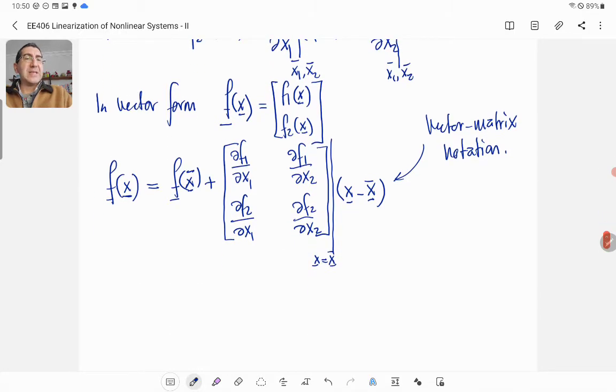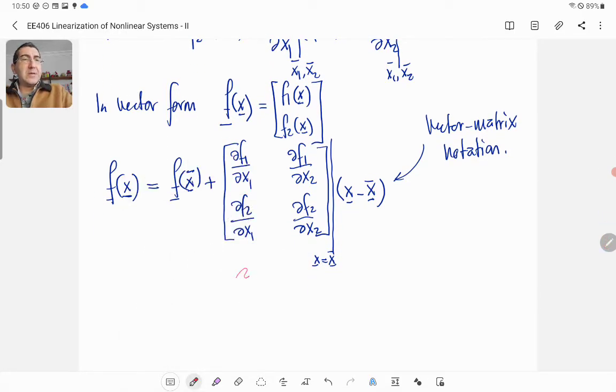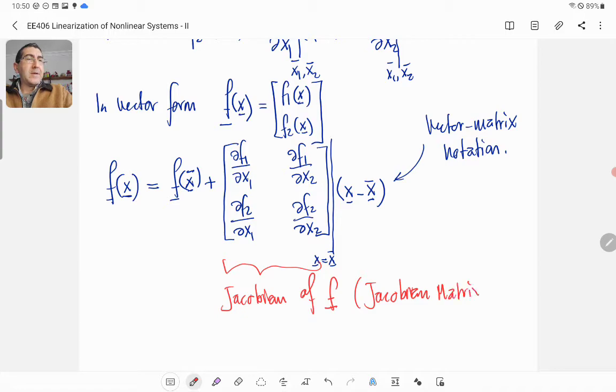Now this matrix has a special name. This matrix over here is called the Jacobian of F, or the Jacobian matrix. It's nothing but a derivative matrix, right?